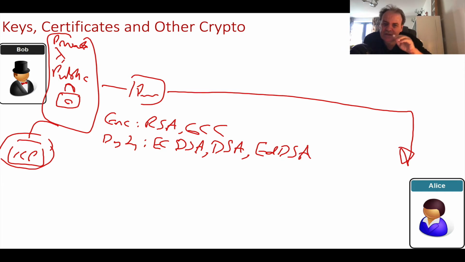These are different methods that are used for generating signatures. For key exchange, we might have Diffie-Hellman or elliptic curve Diffie-Hellman. So you can see that we have lots of different methods that we might be using for our encryption.